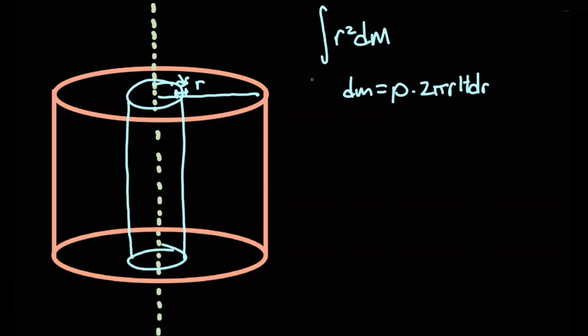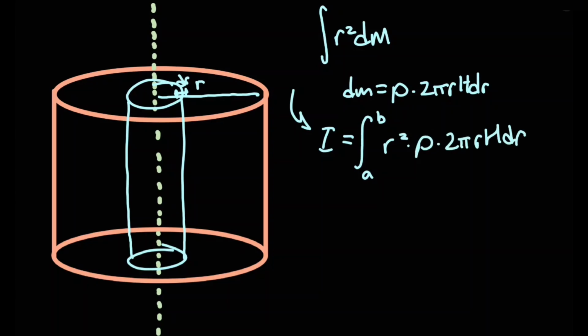So plugging this into our integral expression, we're going to get I is equal to the integral from some a to some b, because it's going to be a definite integral. It can't be indefinite. You have to have a certain ending radius and starting radius. And then it's r squared times this density times 2 pi r h dr. And now this is an integral we can solve.